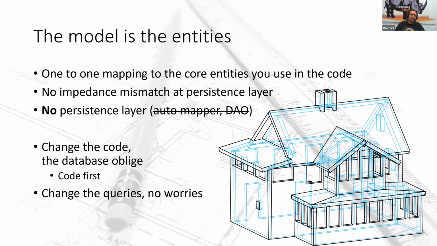The second thing is that I absolutely abhor the persistent layers of automapper, DAO, translate 6 different times, etc. The reason this matters is because I want to get to the point where I can change the code and everything immediately happens. If I'm going this code-first approach, that means that I have a very high degree of velocity.